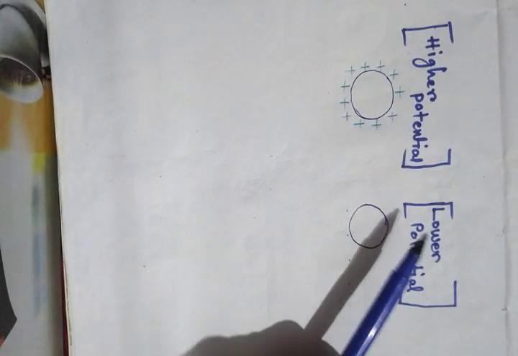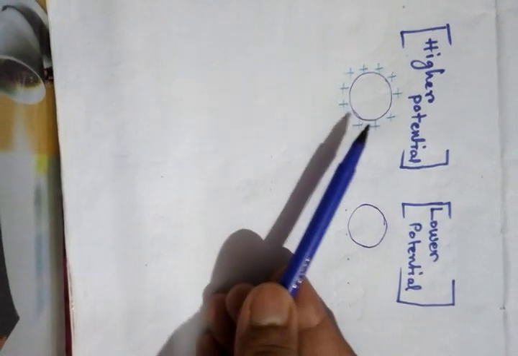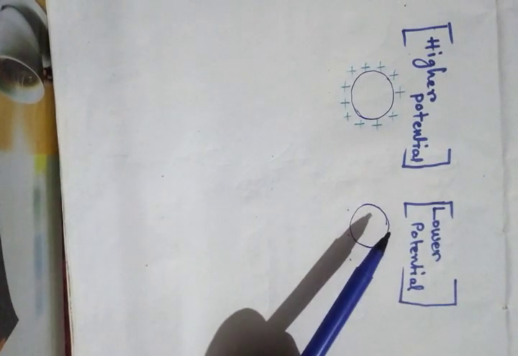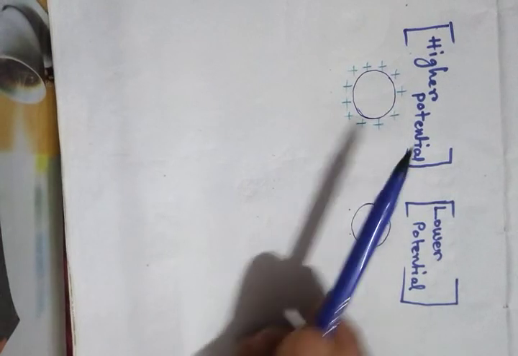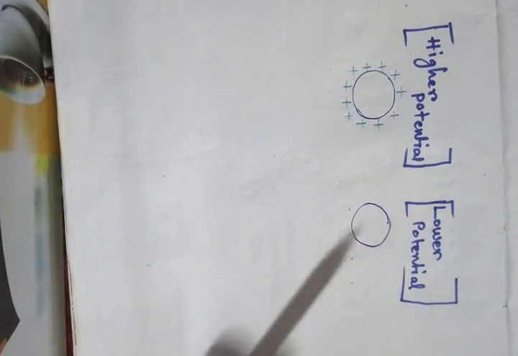Similarly, if we think about a charged body and an uncharged body, this is a charged body which is full of positive charge, and this is an uncharged body. So it is a higher potential body and it is a lower potential body.